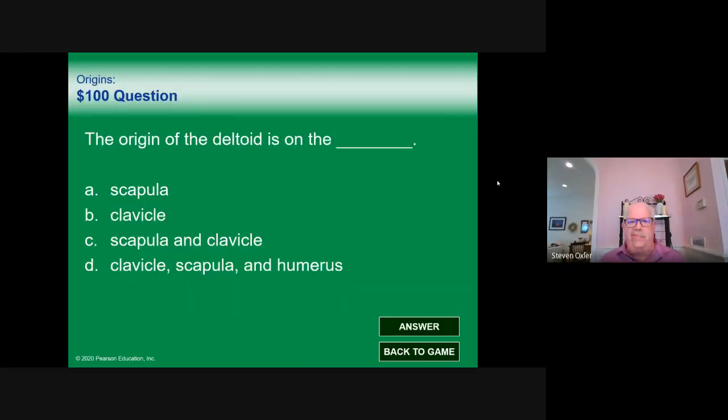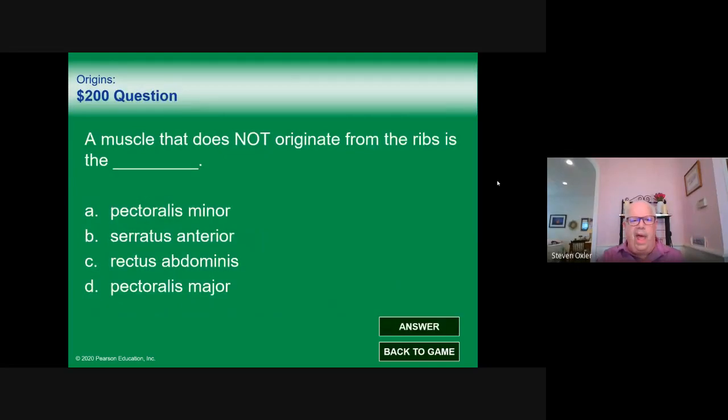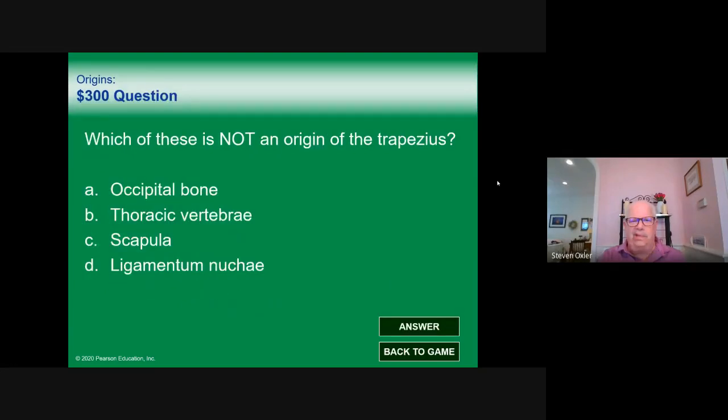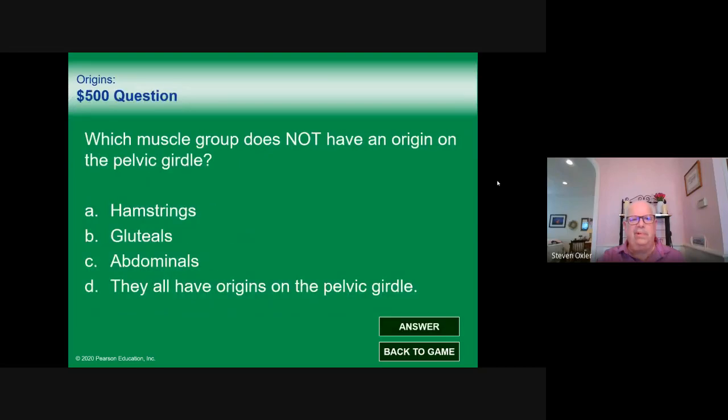The origin of the deltoid, you don't have to know origin. I remember you don't have to know it, but it is the clavicle and scapula. Don't worry, I'm not going to worry you about origins. That's not important. Let's just bypass them.